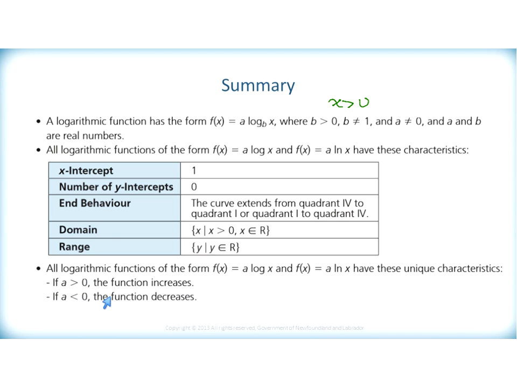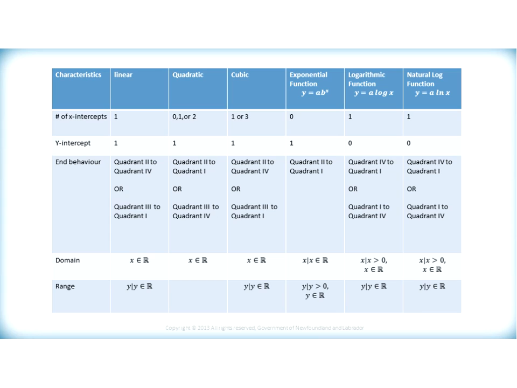If a is less than 0, the function decreases, quadrant 1 to quadrant 4. Here we have a table that now summarizes all the functions which we've looked at. The log function, now just in this section, exponential function from chapter 6, and the linear, quadratic, and cubic functions from chapter 5.